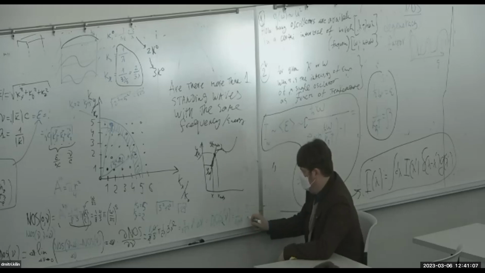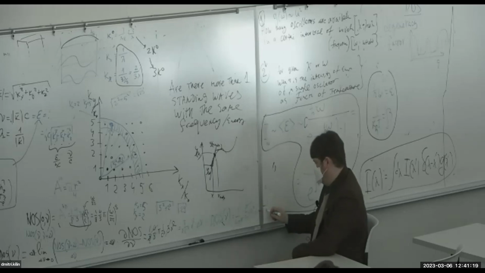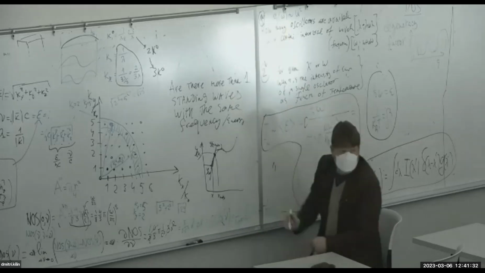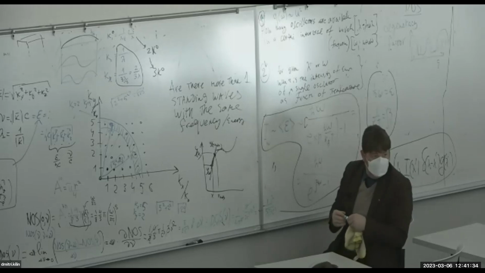Pi 2 c cubed omega squared, and pi squared is cancelled. So it will be 1/8 pi c cubed omega squared. So either one of these equations is the answer to number one. Okay.